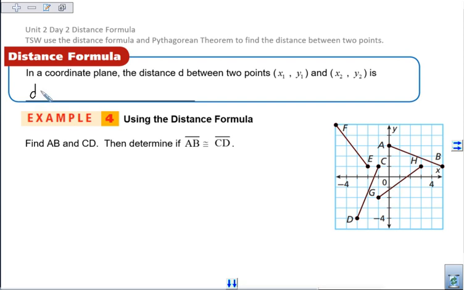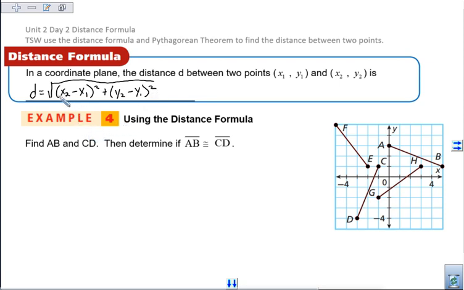And the distance formula is d equals the square root, and this is a nice long square root sign, of x2 minus x1 squared plus y2 minus y1 squared.